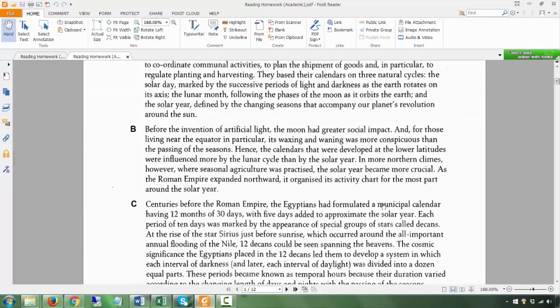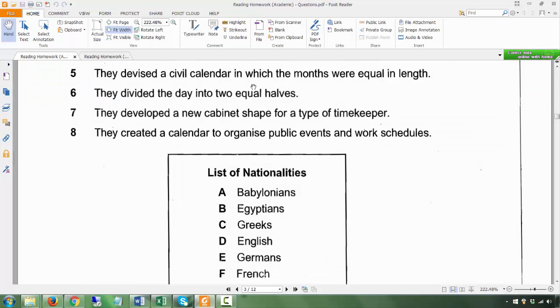So if you know that civil and municipal have the same meaning, then this is a clue. And then you see 12 months of 30 days, which describes months that were equal in length. So 5 is B.